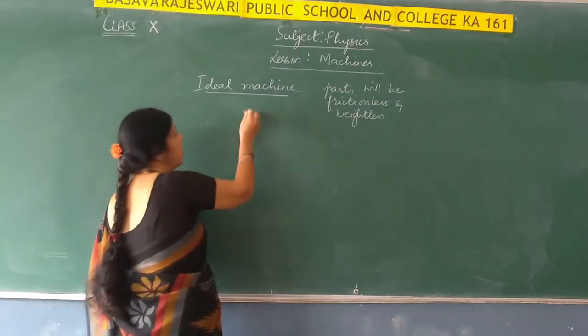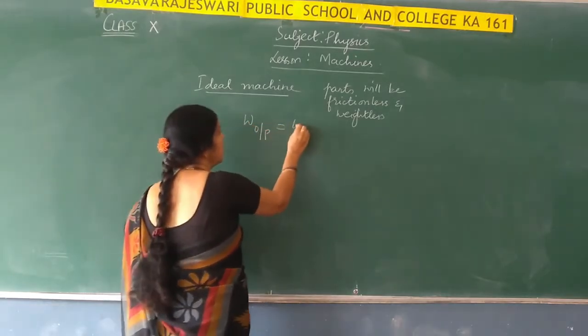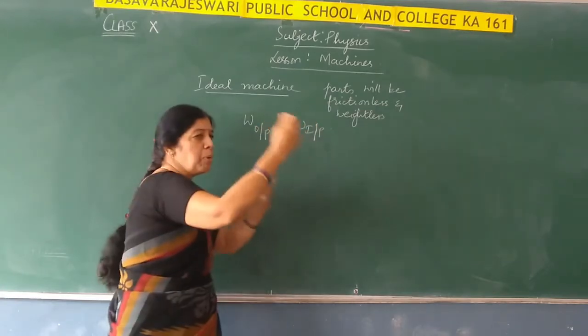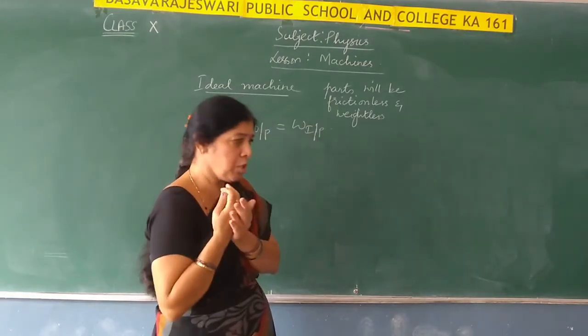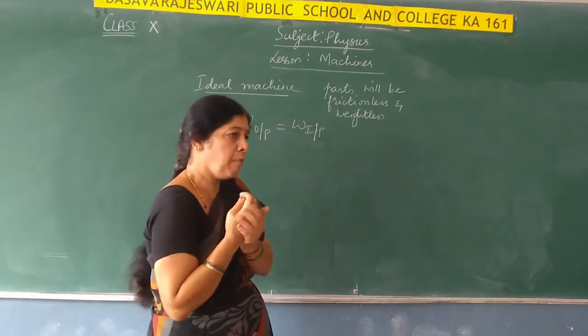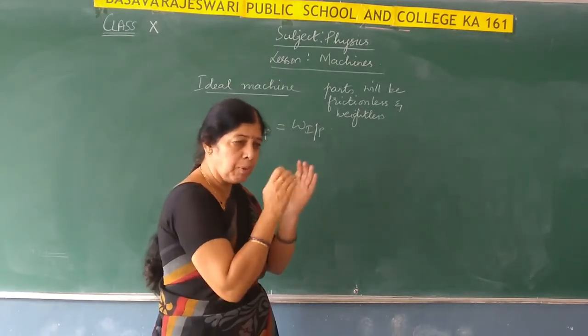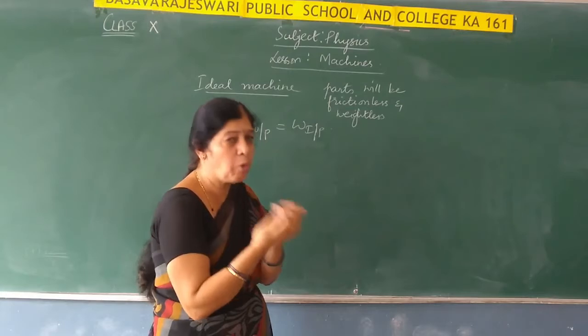And in an ideal machine, the work output will always be equal to work input. Means how much input you are giving to the machine, the same amount of output is obtained. For example, if you put 100 units as input, you will get 100 units as output.